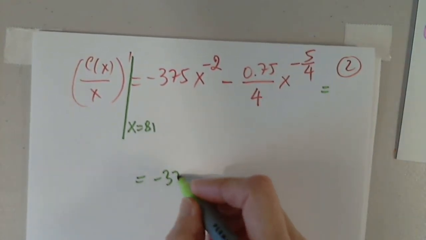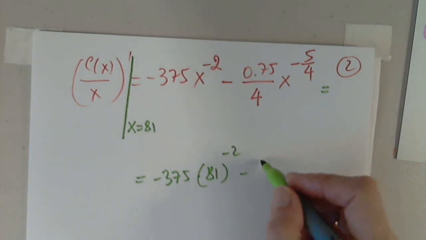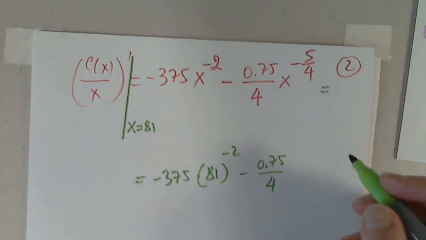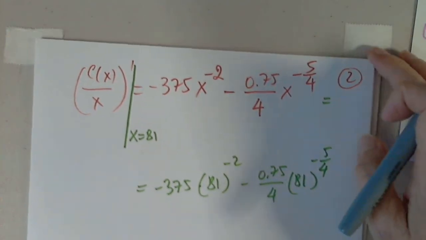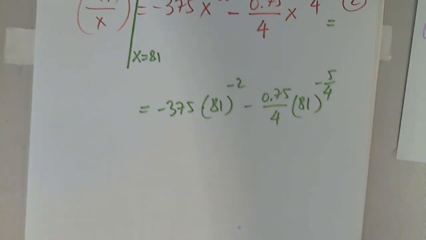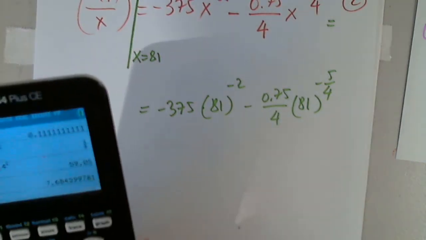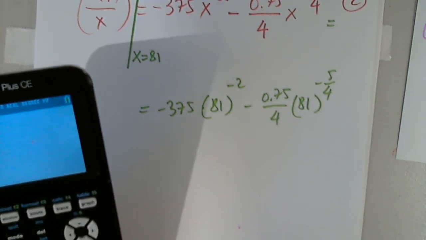So, of course, negative 375 times 81 to negative 2 minus 0.75 over 4 times 81 raised to negative 5 over 4. I spilled water on my calculator by mistake, and I removed the battery and everything, so I think it's working.